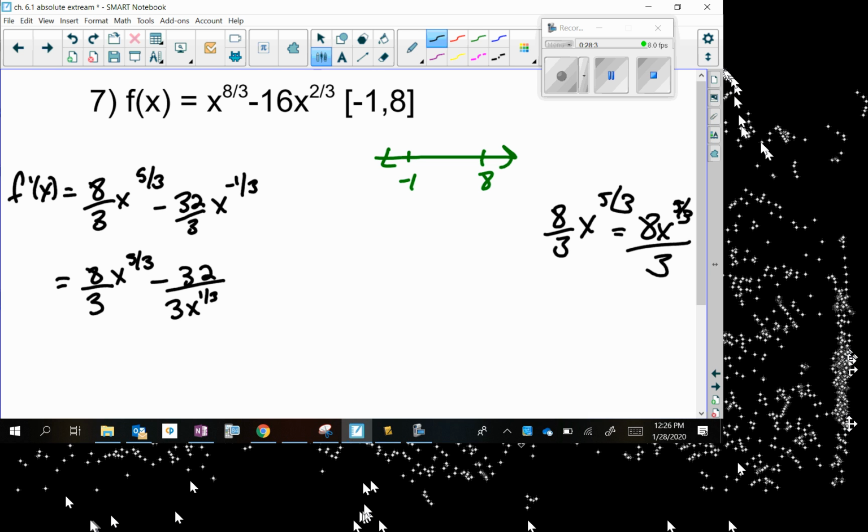Okay. Now, a couple ways to solve this one. When you set equal to 0, what could we do? We could get common denominator, and I know how you all love getting common denominators. There's actually an easier way to do it. Because we're trying to set it equal to 0, we could multiply everything by the common denominator and clean it out.